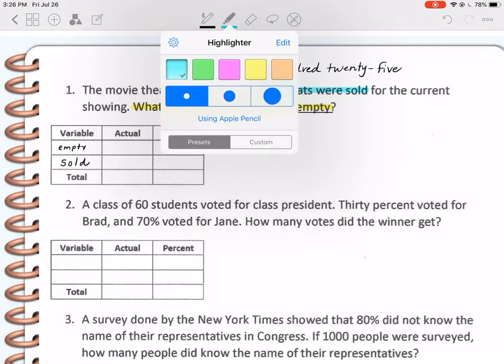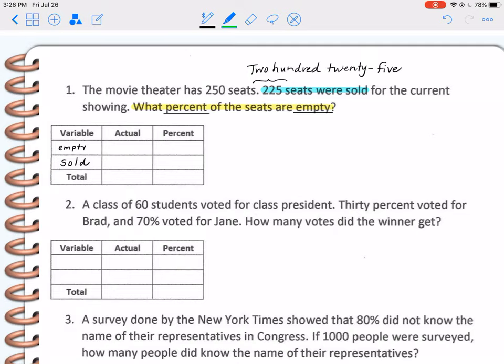And then we have another number here, the 250 seats. So we need to put this information into our table. So the variable of analysis is whether the seats are empty or sold. And then we have actual numbers and percentages and totals to deal with.